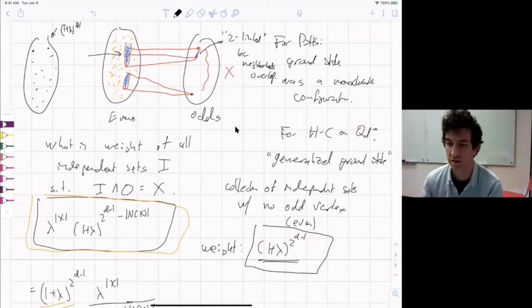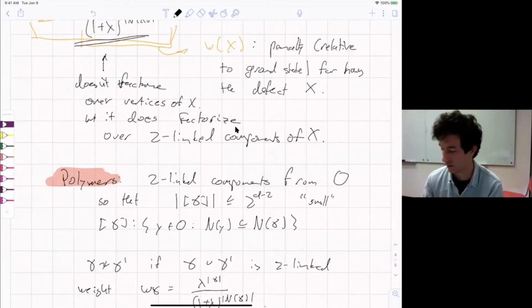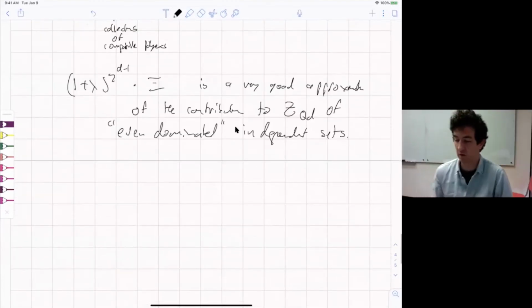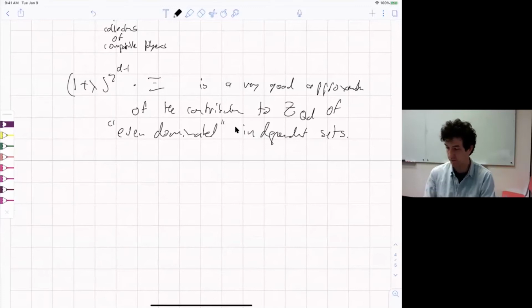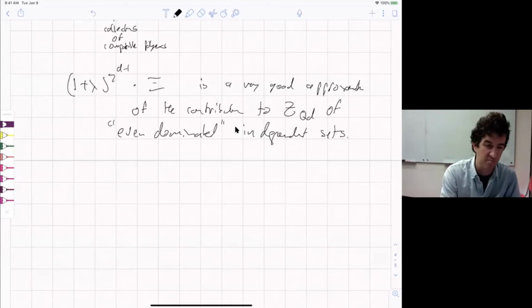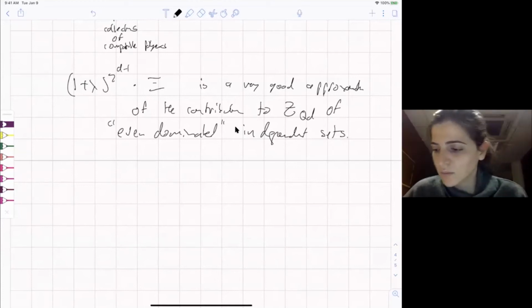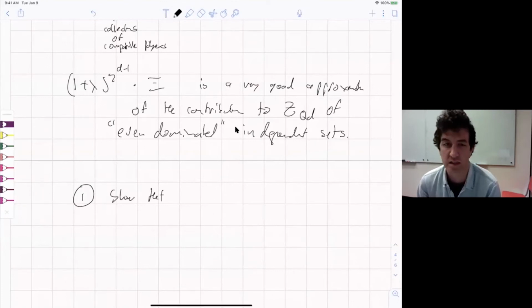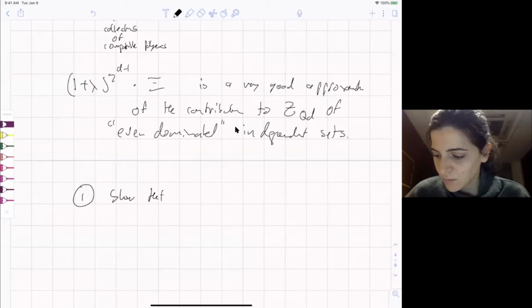Any other questions? Okay, good. So what do we have to do? There are a few more steps. So far all we've done is set up some objects and notation. What we want to do is first show that what's missed or double counted is not much.